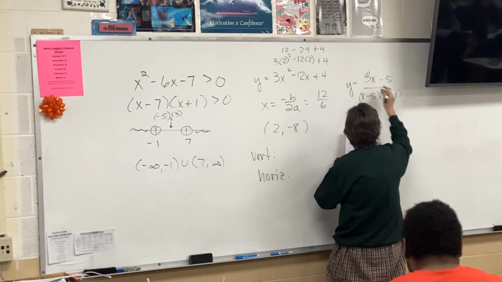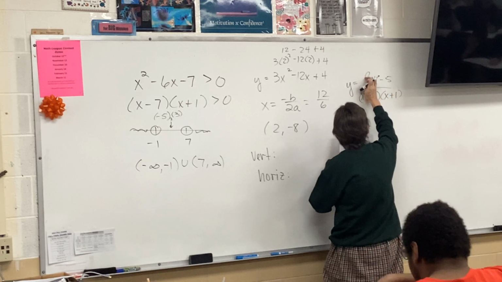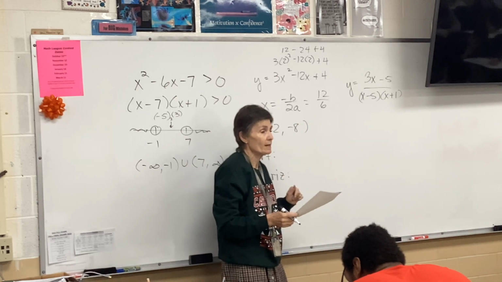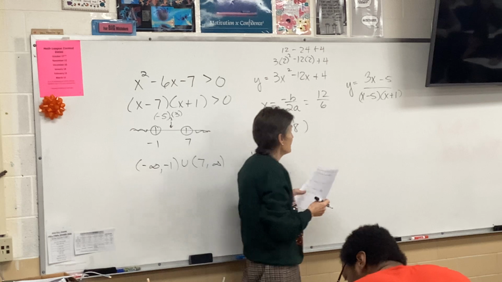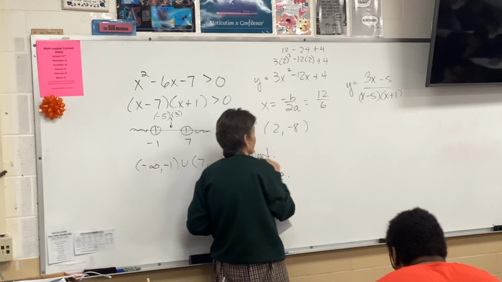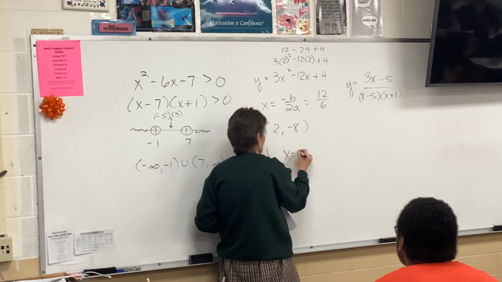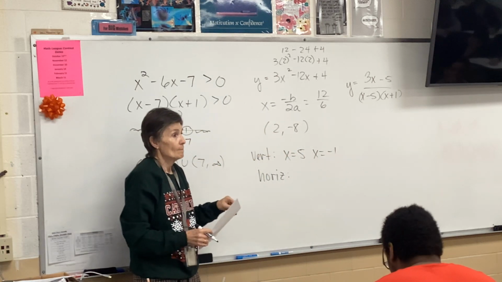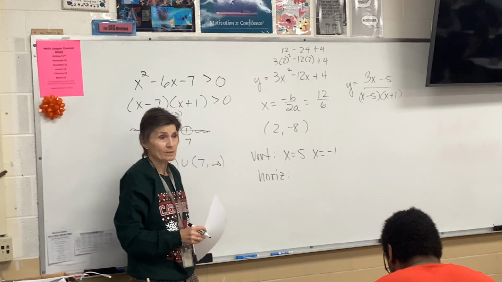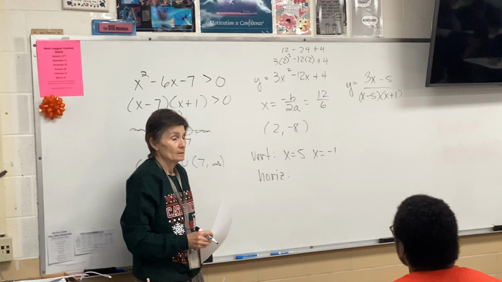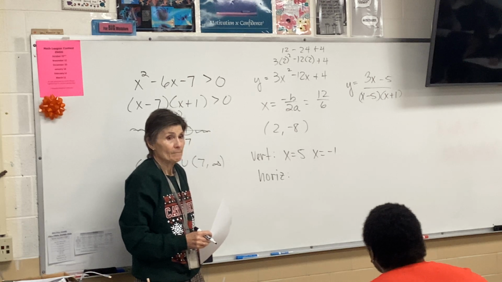And again, the factoring on the exam is super simple, but you gotta check it to make sure you have your signs right. And then that tells me where my vertical asymptotes are. My vertical asymptotes are x equals 5 and x equals -1, because vertical asymptotes happen when the denominator is 0. Right?